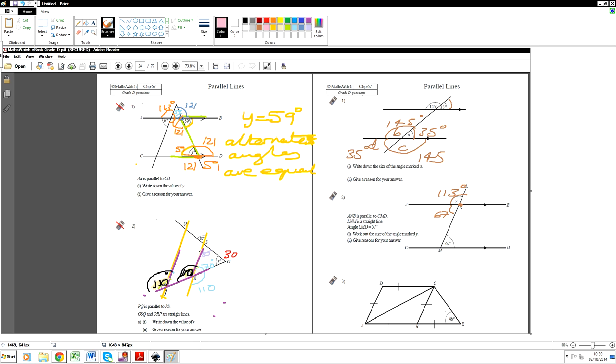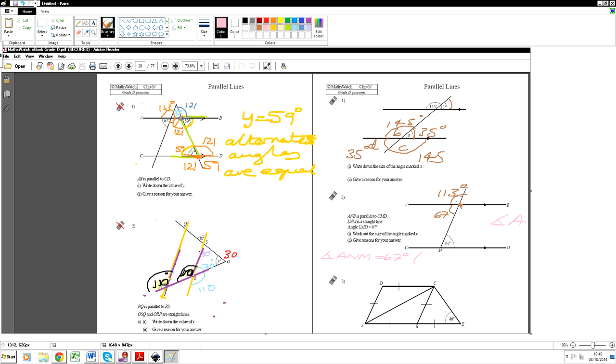So first of all, we have to explain that angle A and M. Oops, it's not letting us write over there. It's right over here. So angle A and M is equal to 67 degrees.